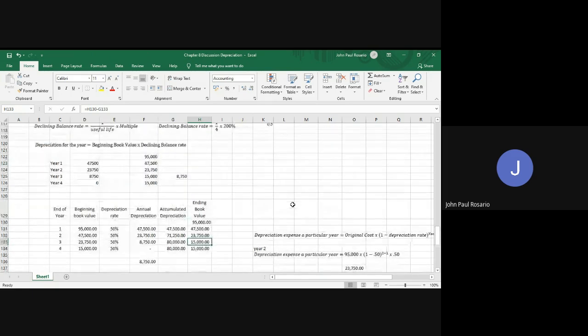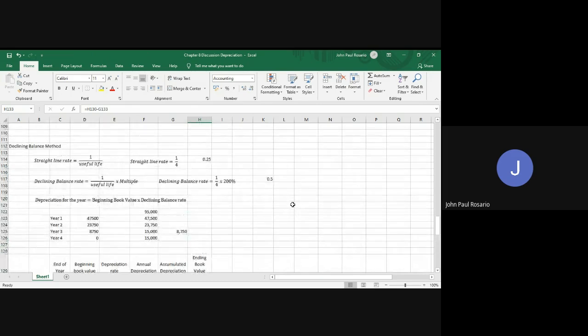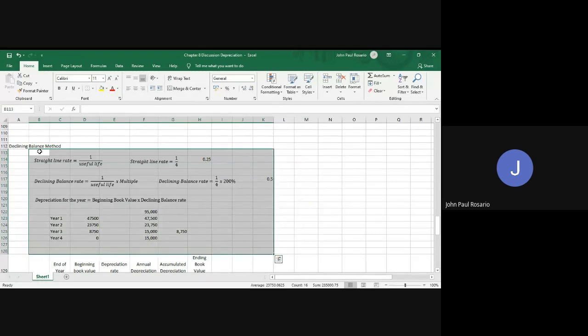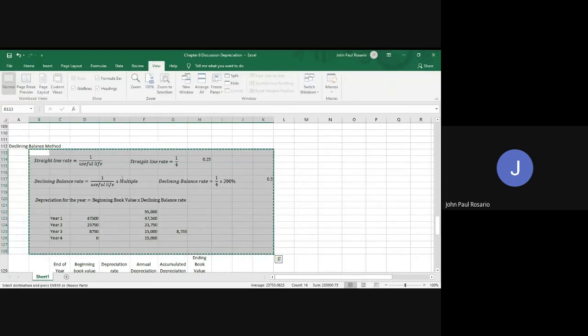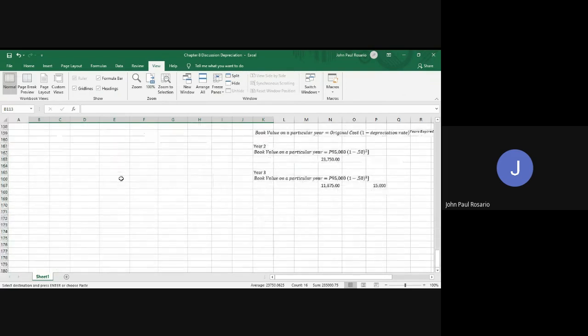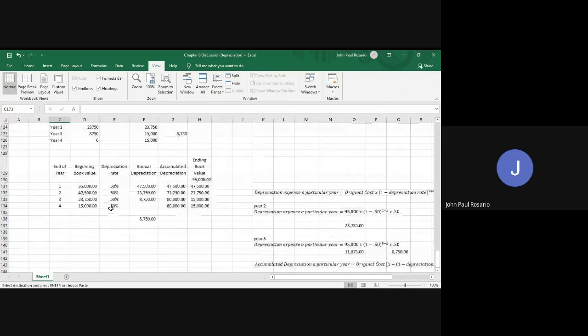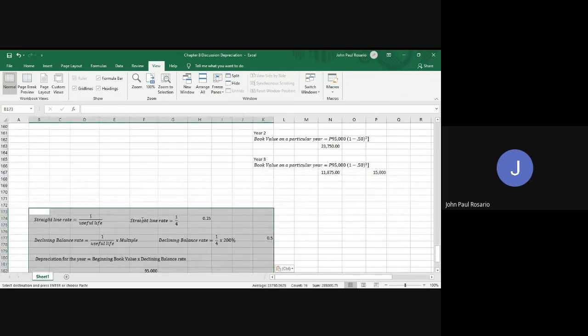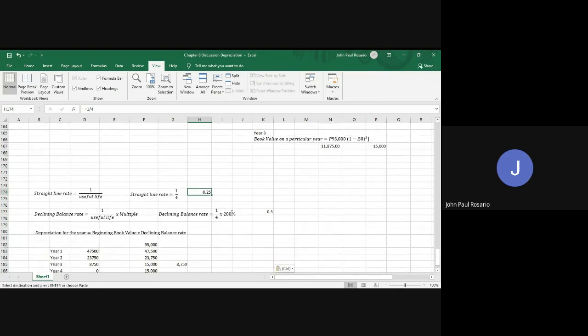So, what if 150%? Let's copy this. Let's copy everything. Okay. So 1 over 4 is 0.25, and our multiple is 150%.